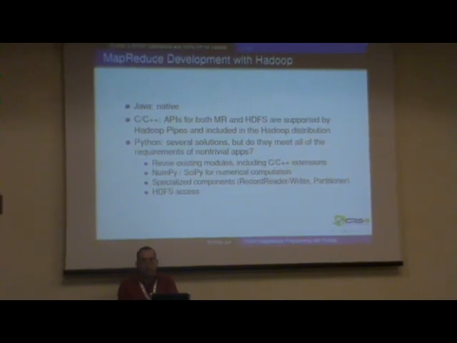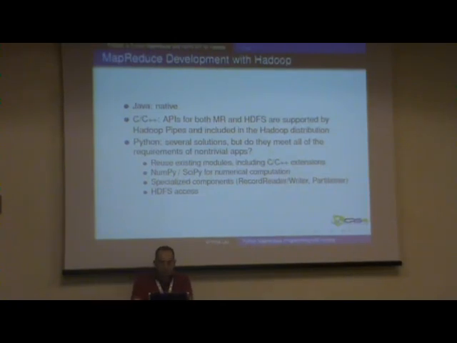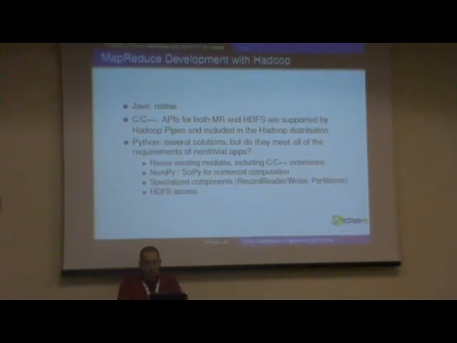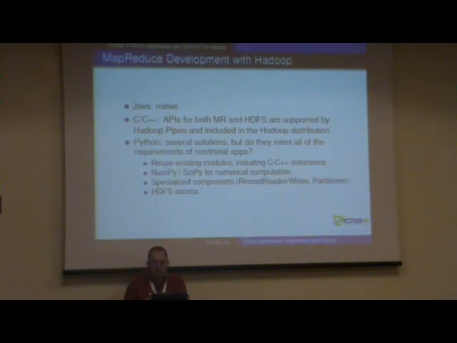You can do anything the system allows you to do. There is also a C++ API, which is called Pipes. It's included in the distribution. And there are also some options for programming in Python, but not all of them are equal. There are some differences, and we will see them in a few minutes.